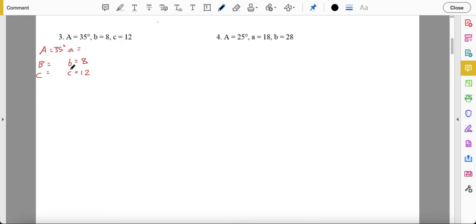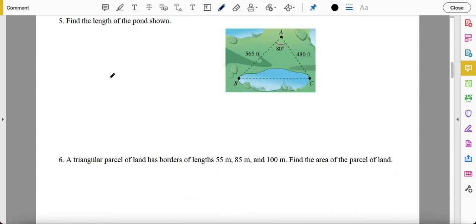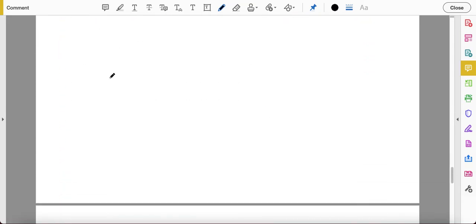There's only one particular version of the law of cosines that's going to work, because we're given an angle measure.